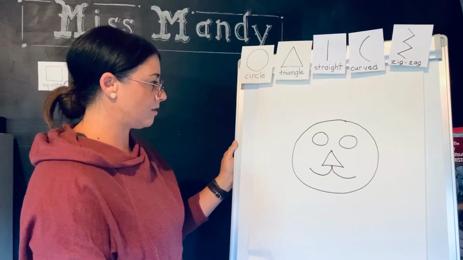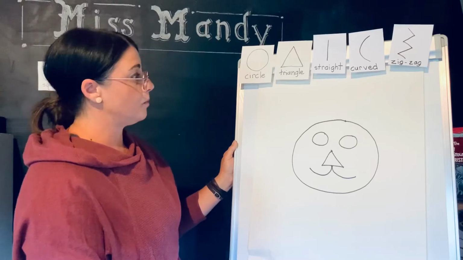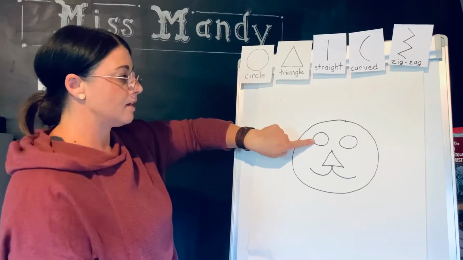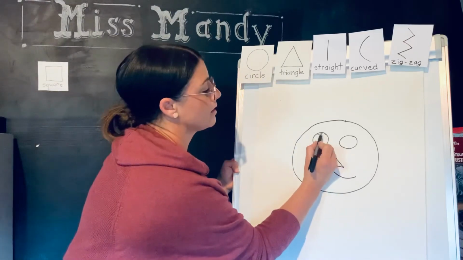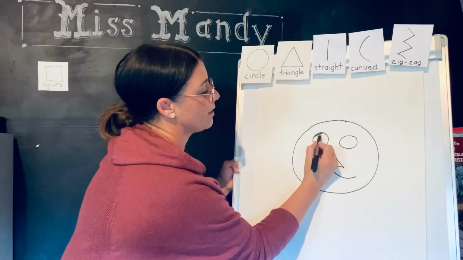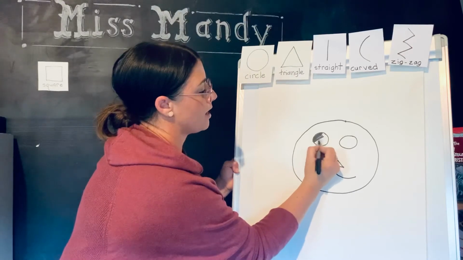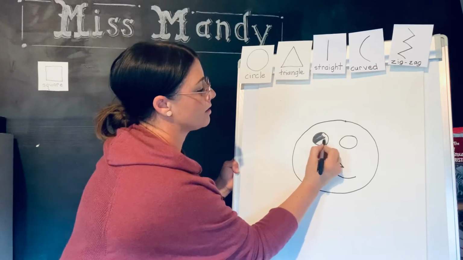Okay, so next we are going to color in the eyes. I like to color in the eyes with black because it makes the eyes stand out.